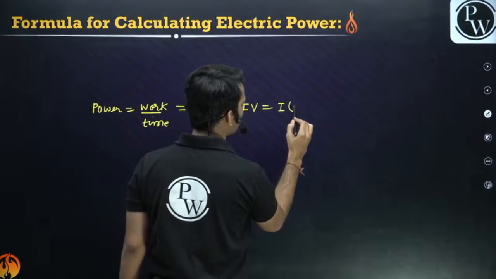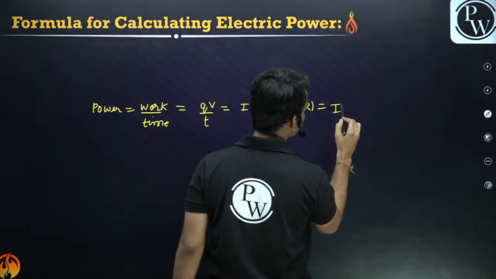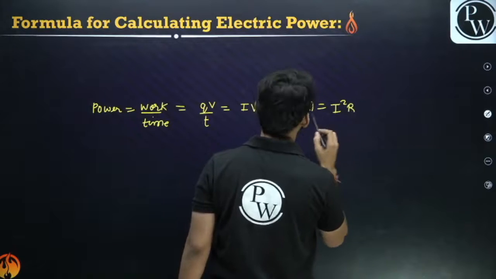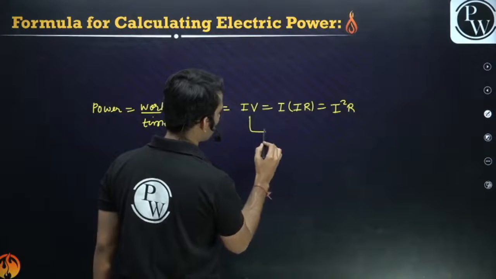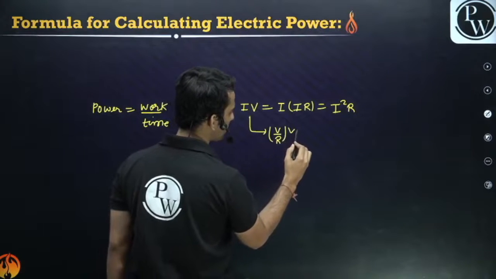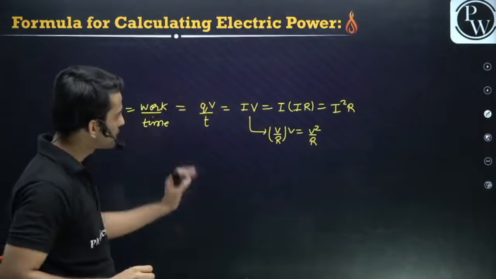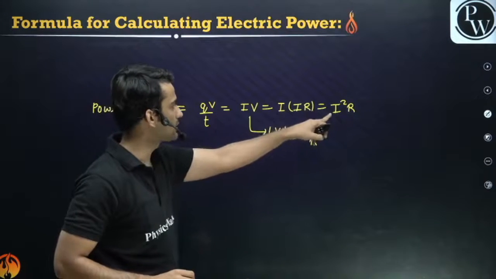What is V? It is IR by Ohm's law. So power is I square R. Or from here, you can also put the value of I as V by R by Ohm's law. So power is also V square by R. Just put the value of I, you will get this formula.